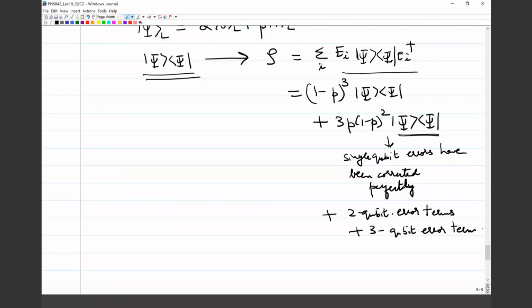Note, however, that the whole thing is a positive semi-definite matrix, and whatever you have here is all going to be of order p squared or higher.